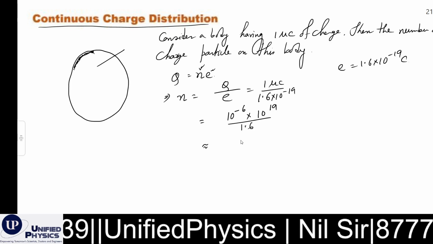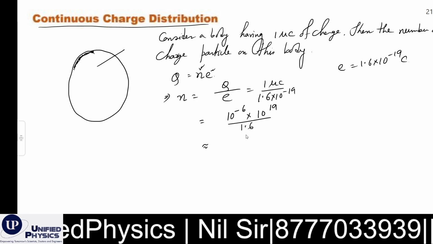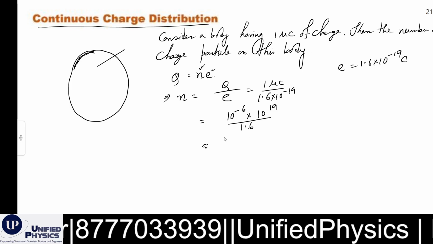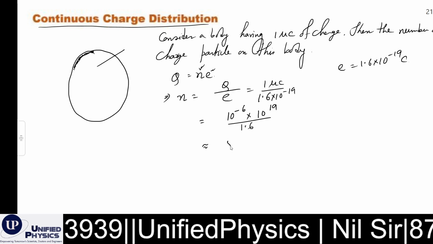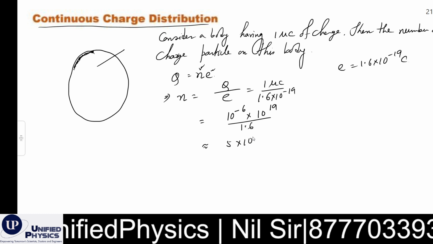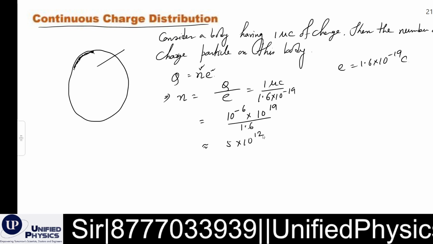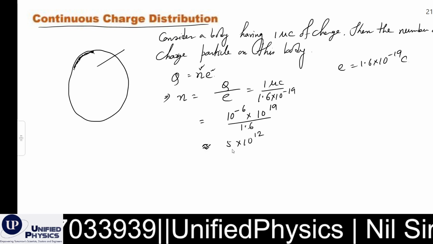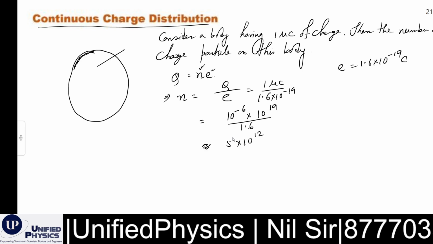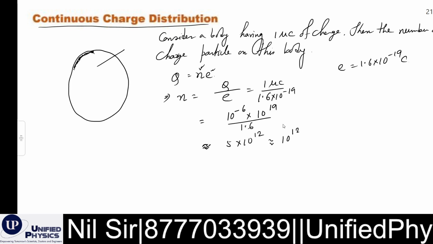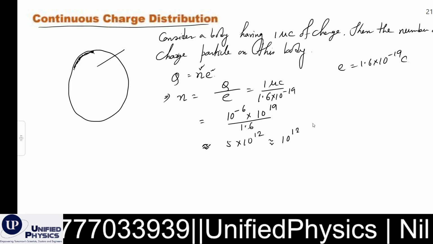This is around 5 into 10 to the power 12, and the number will be more than this. So we can roughly say that 10 to the power 12 particles are there.